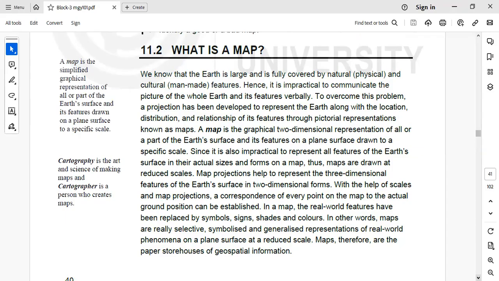Why is this scale important? You see, our Earth covers a very large area, and we don't have such a piece of paper where we can represent the Earth in its actual shape.